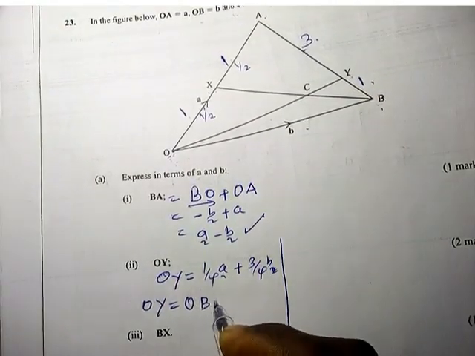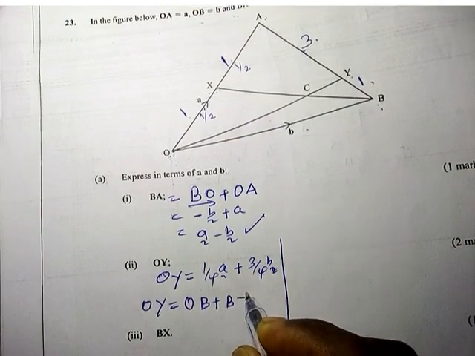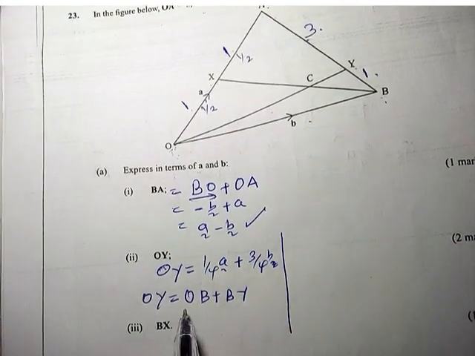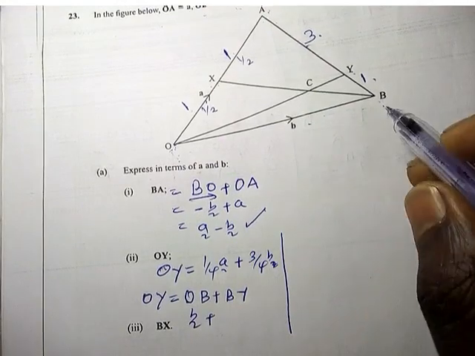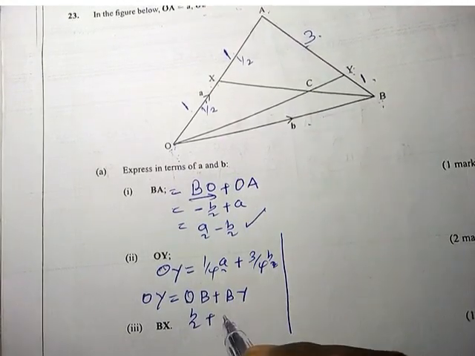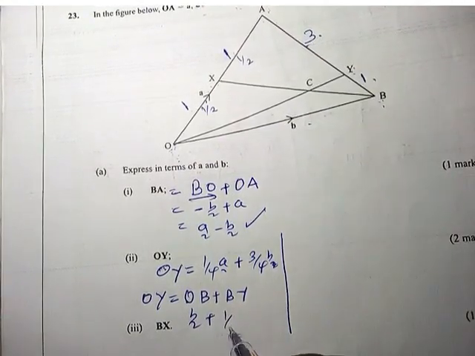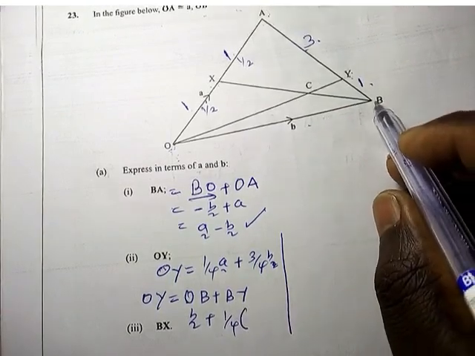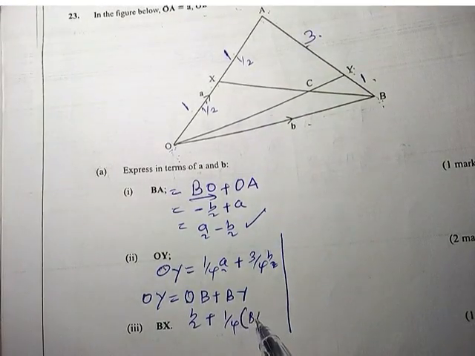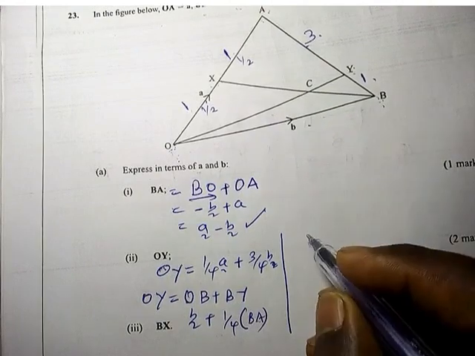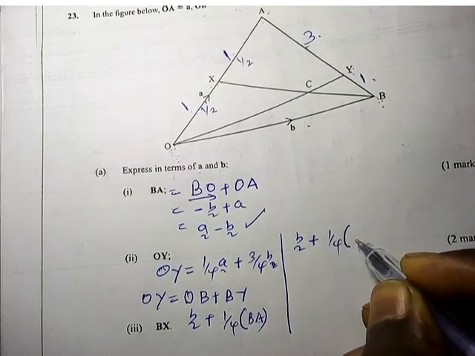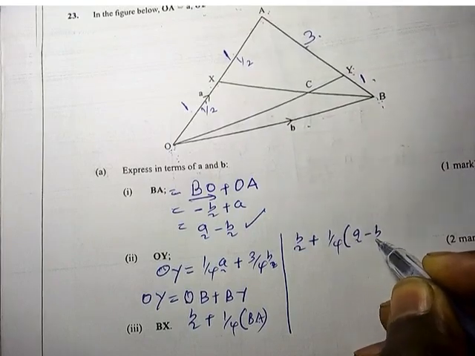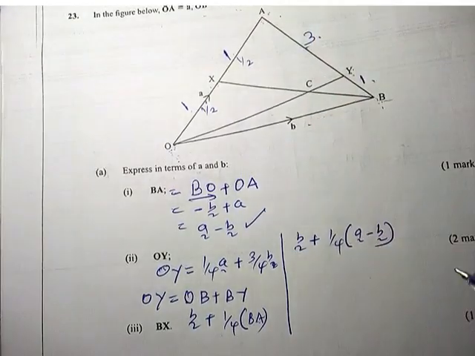OB plus BY, right? And then OB is vector B, plus BY, which is 1 over 4 of BA. But we have BA, so that is vector B plus 1 over 4 into A minus B, which is BA.